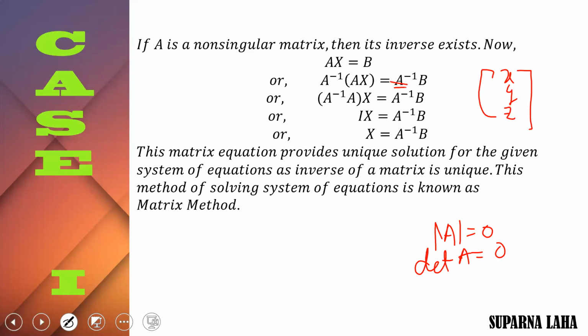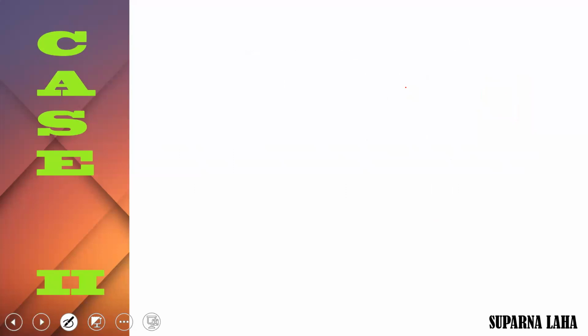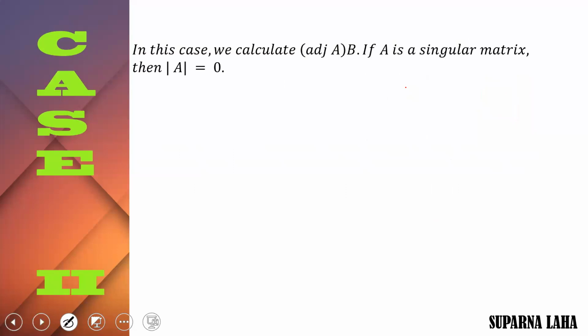So in that case, what we will do is take adjoint A into B. We will find the adjoint of A and then multiply with B, and we will discuss the solution depending upon this matrix, adjoint A into B.